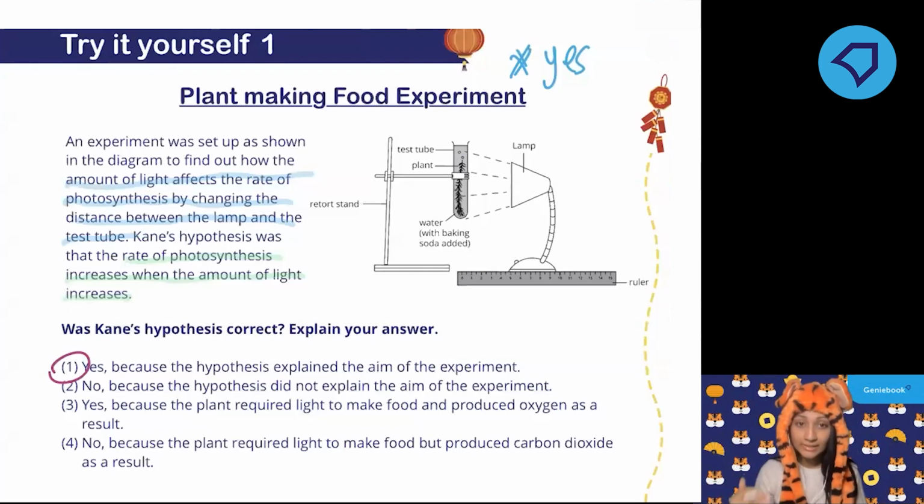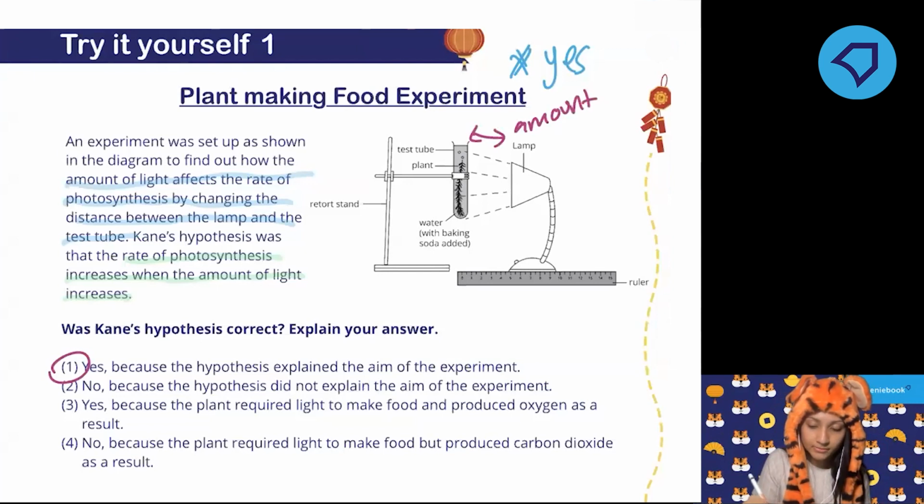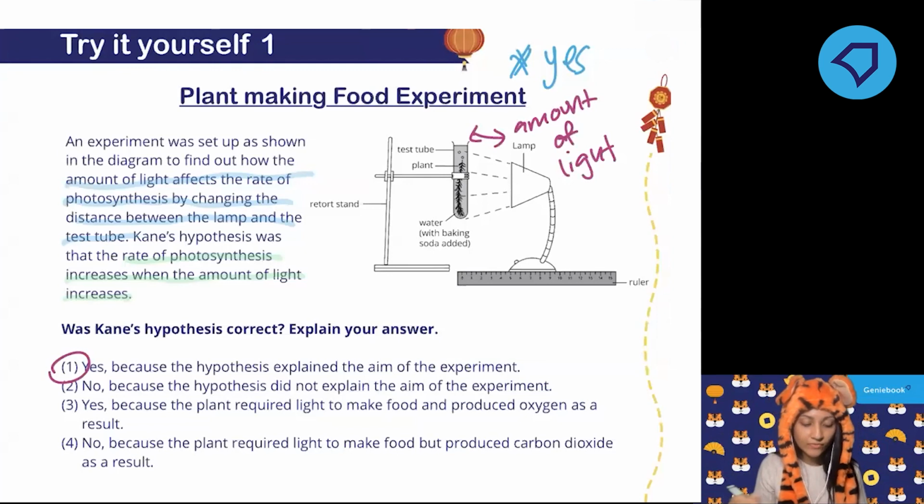However, if you try to link it to the experiment, it is not very accurate, because in the experiment itself we are measuring basically the distance and the amount of light needed by the plant. Whereas for option 3, you talk about how the plants require light.